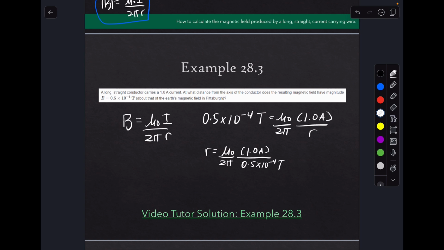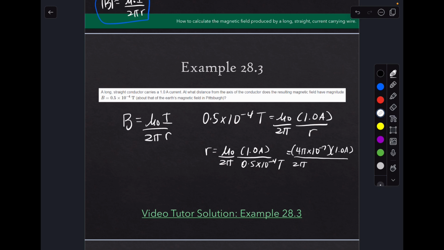And if I plug all that in the calculator, recall that mu naught is 4 pi times 10 to the minus 7. So this cancels to 2, which makes a little bit less typing in the calculator.